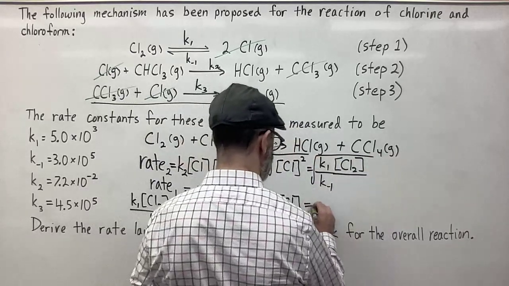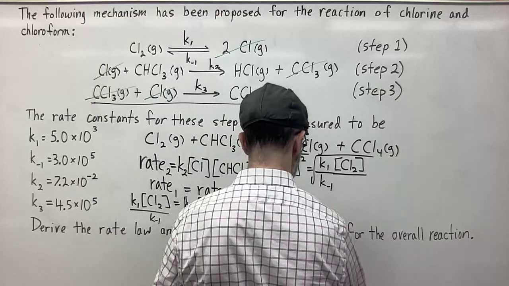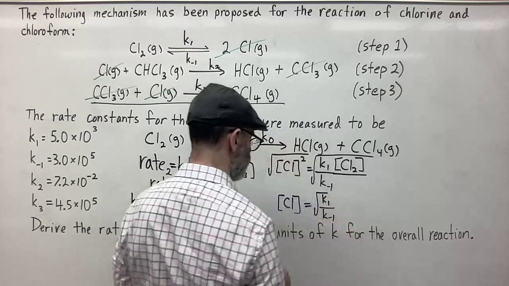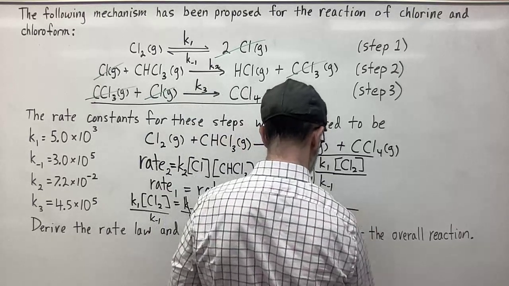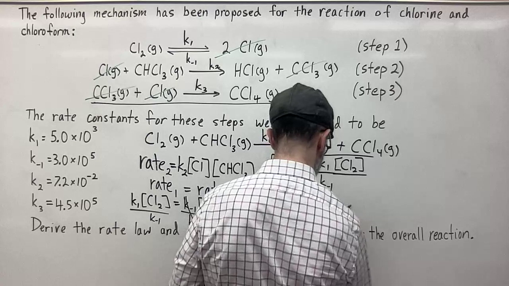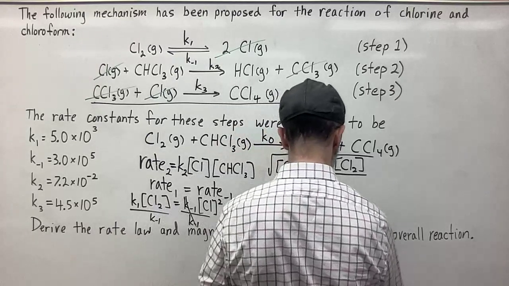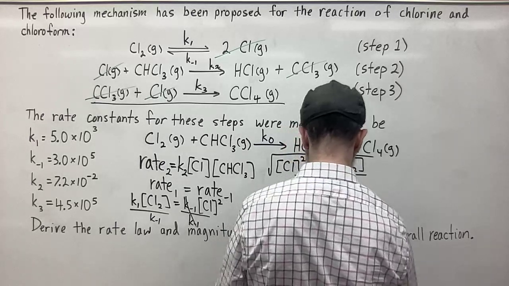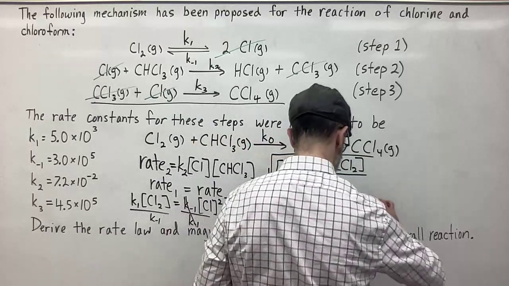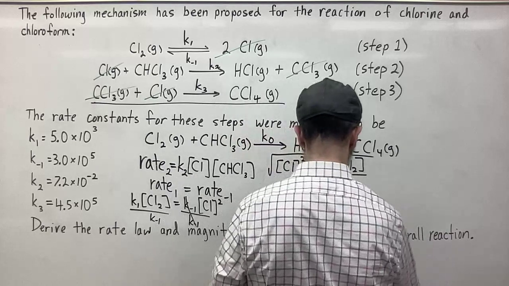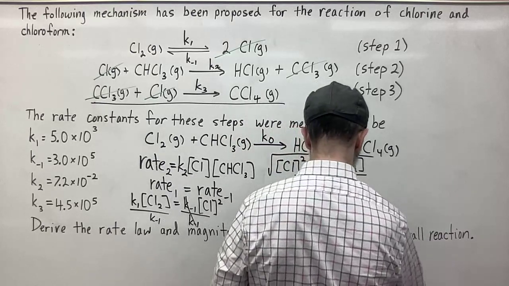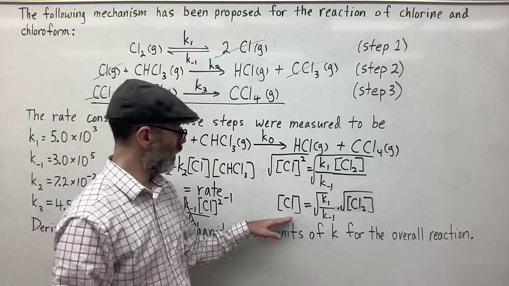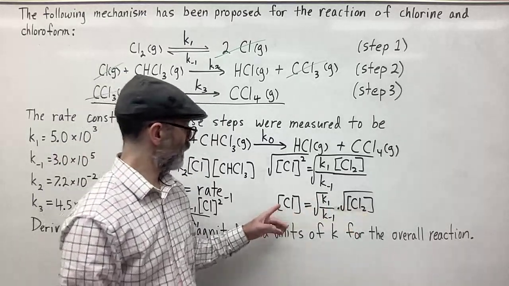So what I end up with is the square root of K1 over K minus 1, times the square root of the concentration of Cl2.